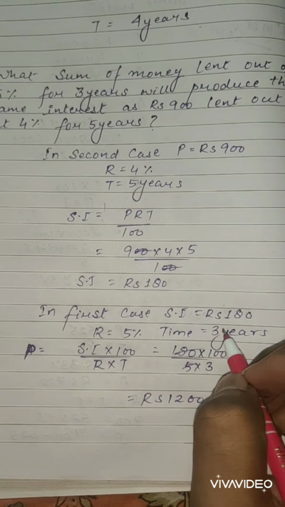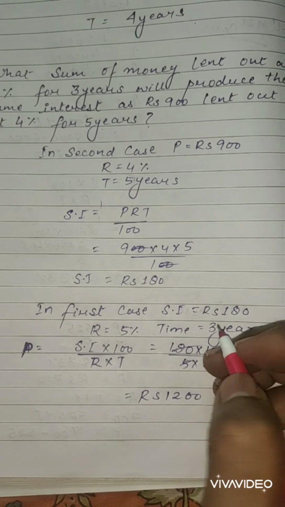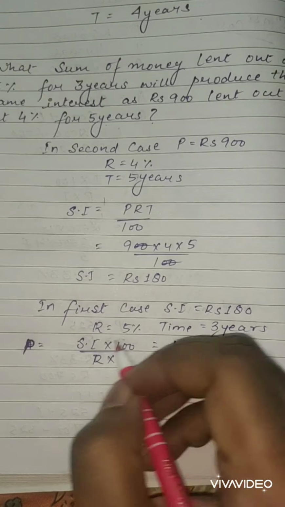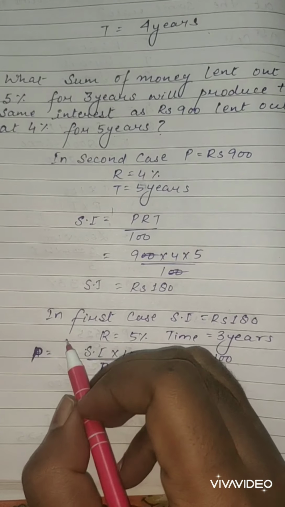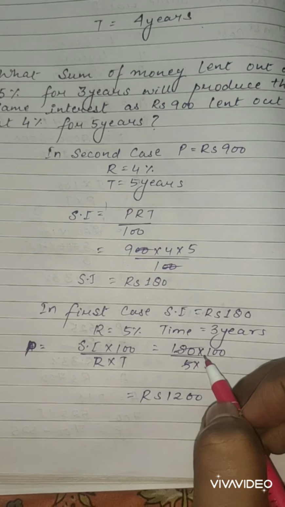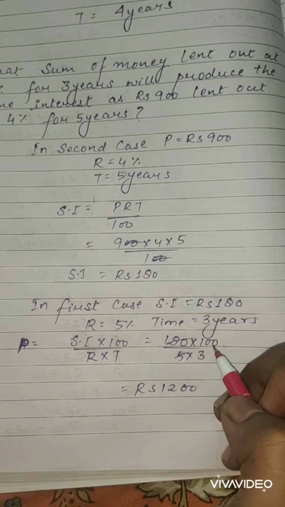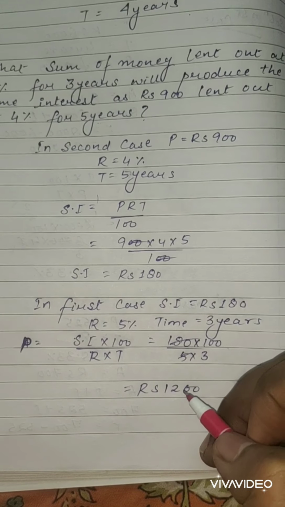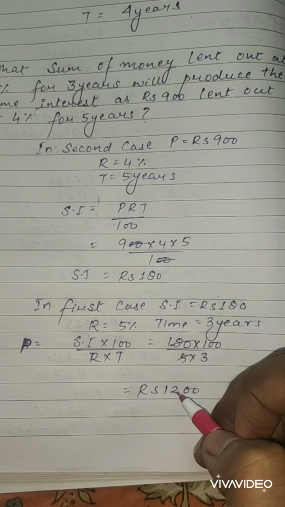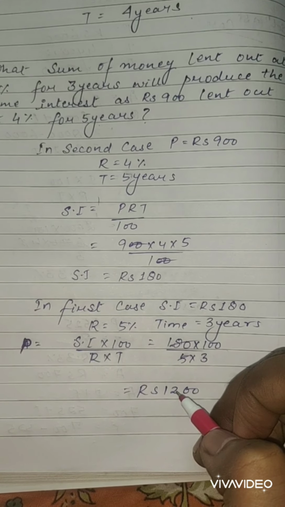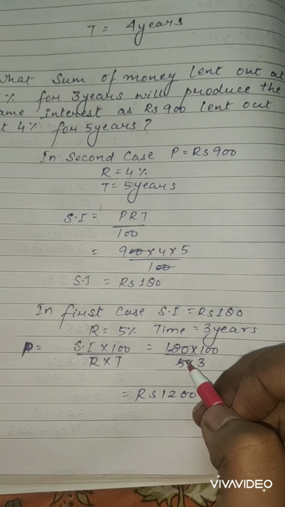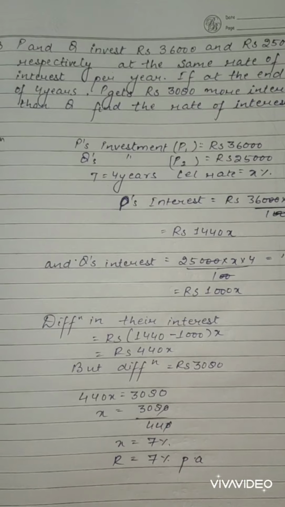So in the first case, simple interest is rupees 180, rate is 5%, time is 3 years. So we have to take out the sum. Principal is equal to simple interest into 100 upon R into T. That will be 180 multiplied by 100 upon 5 into 3, and you will get the answer rupees 1200. Again try to solve this and you will get it. Let's see the next question.